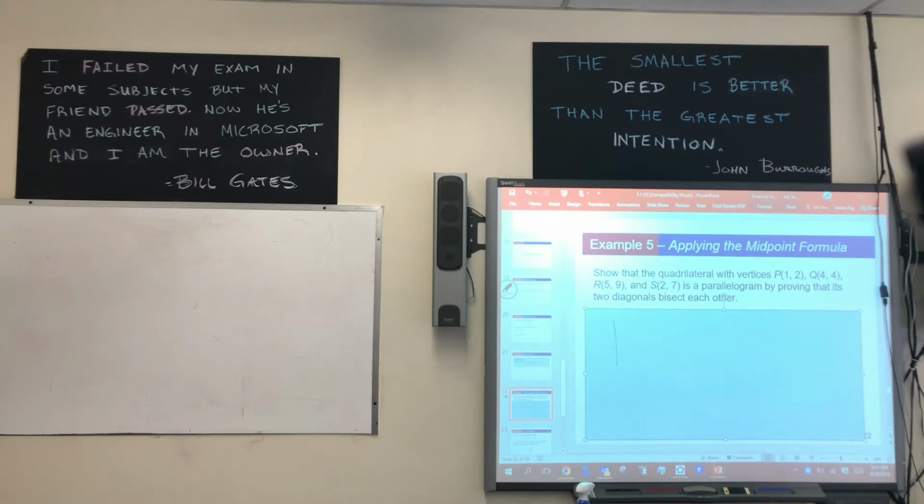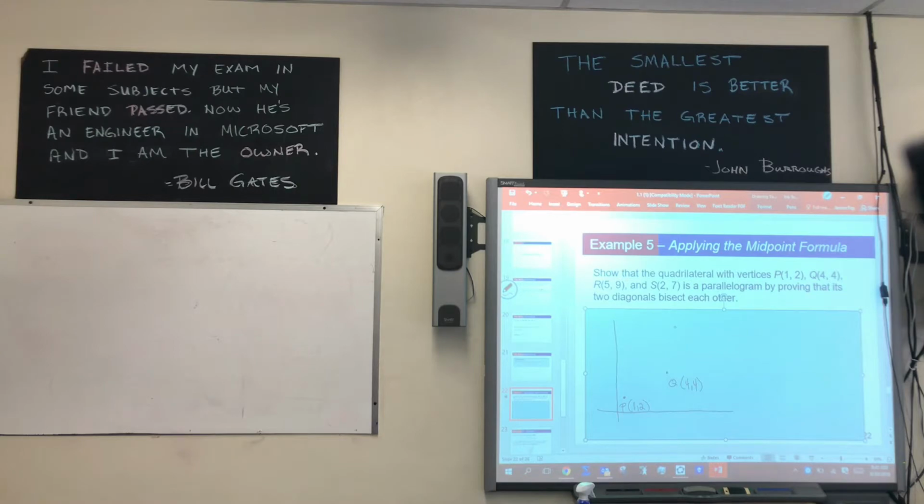All right, so we're going to draw this quadrilateral. It says vertices at 1, 2. Again, I'm not really too concerned about the scale. Just want to make it somewhat accurate. 4, 4. We got 1, 5, 9.